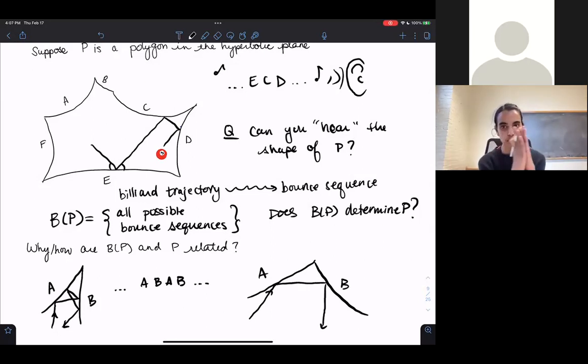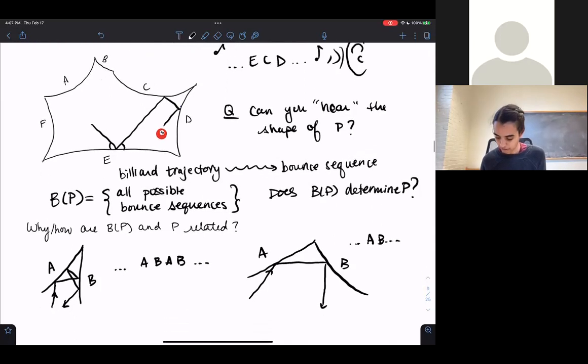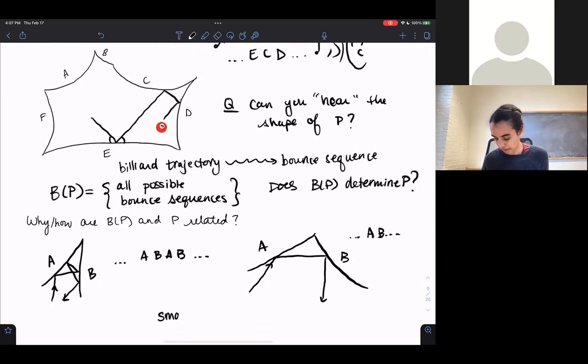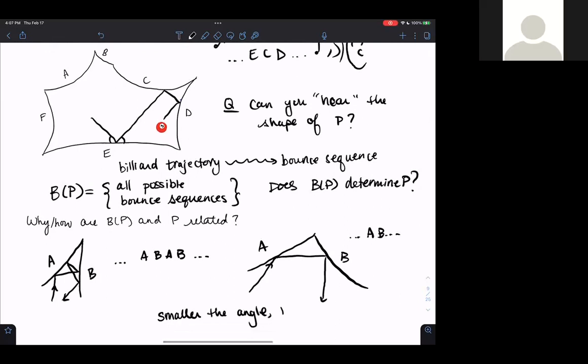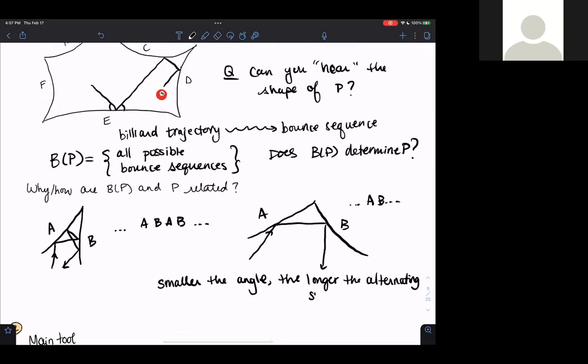So the more acute the angle is, the more I can get this AB, AB, AB back and forth type of alternating subwords. So here I just got A and B, and then I left the corner. So you notice that the smaller the angle, the longer the alternating subword that is possible. Okay, so we see that B of P and P are related.